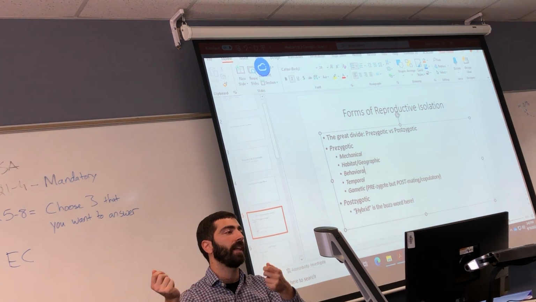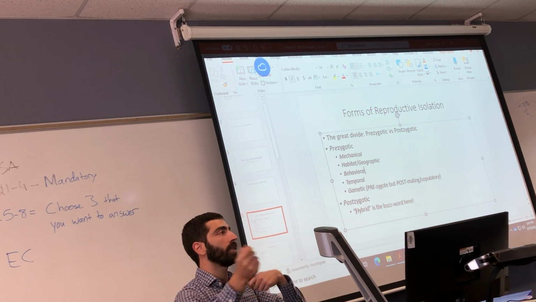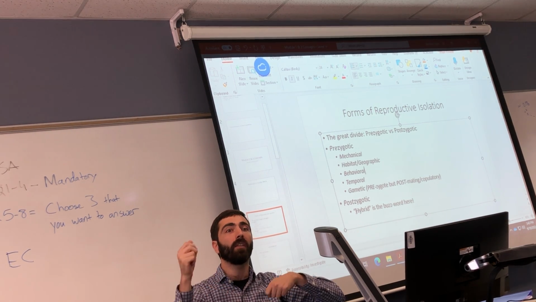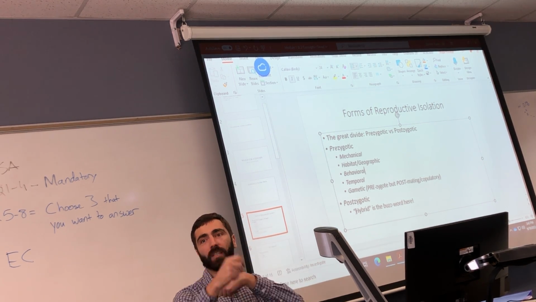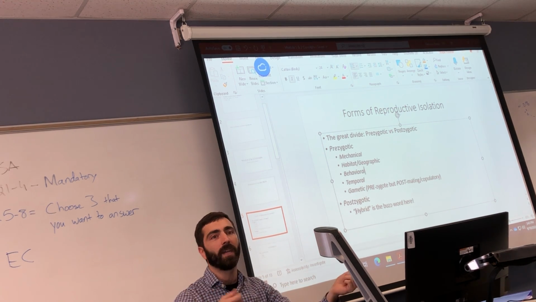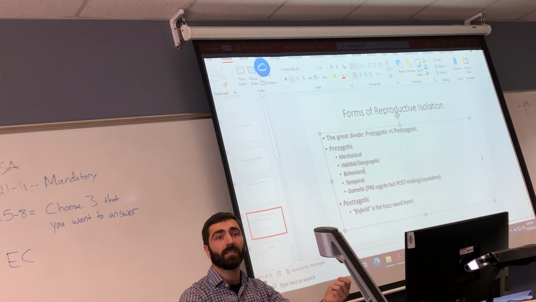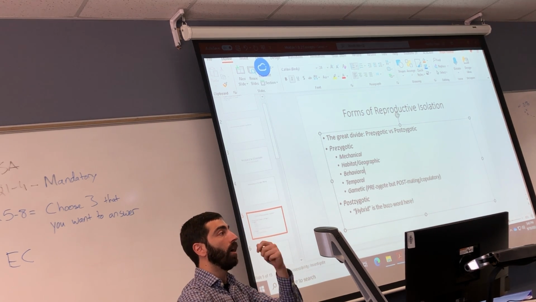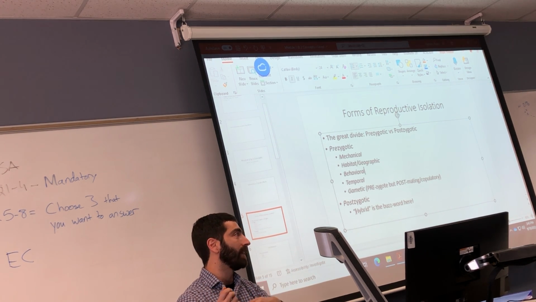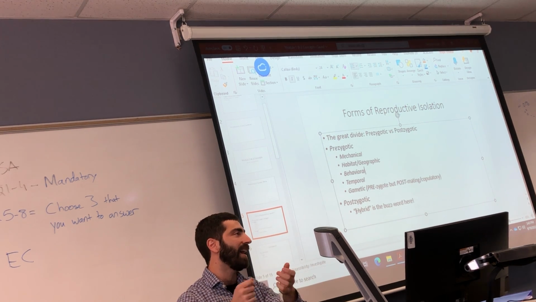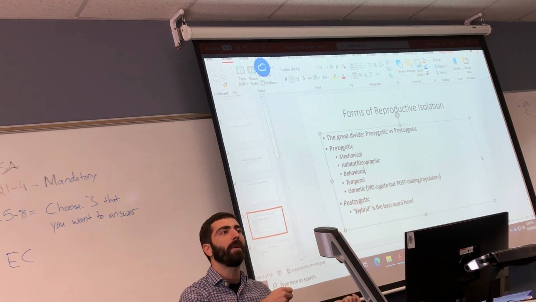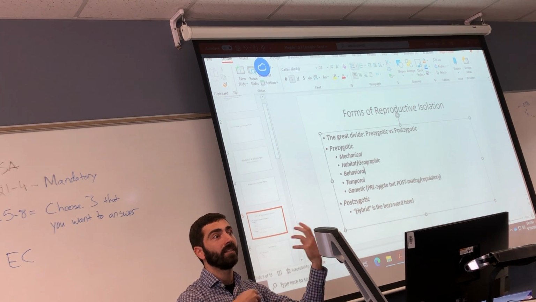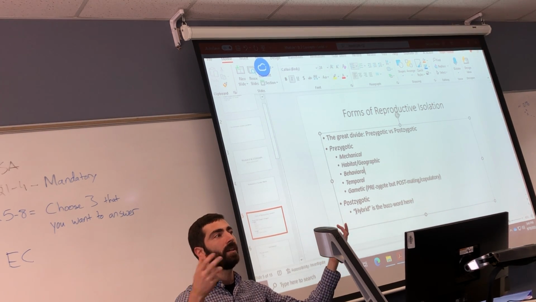So one example that I like to give is multiple species of frogs. They'll live in the same pond, but they only mate at key times of day. So some frogs will mate during the day, some at dusk, and some at night. But they won't overlap in when they mate. And so if you're only ready to mate at night and there's another population that only mates in the day, then you're never going to mate, even though you live in the same space, because of time.